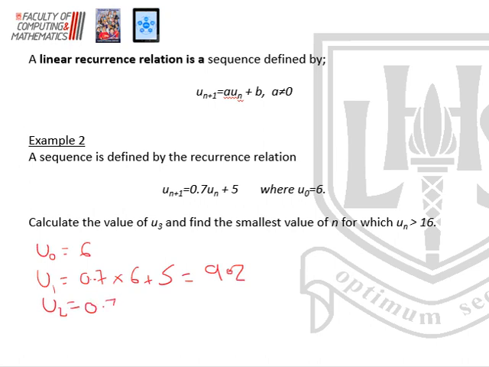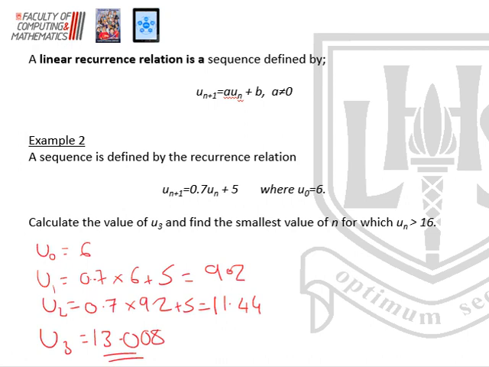Maybe do one more, and then you can just put the answers after that. So U2 is 11.44, and then you can jump in and do U3: times by 0.7, add 5. It's 13.008. So that's your first part answered.